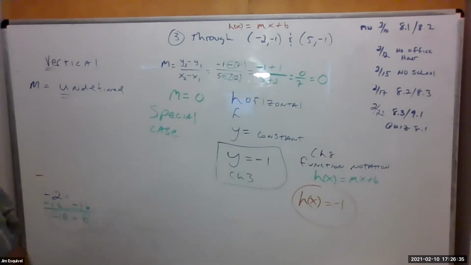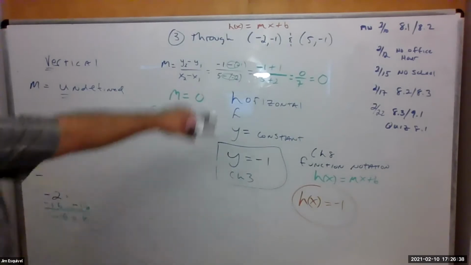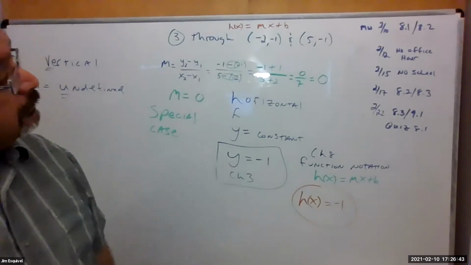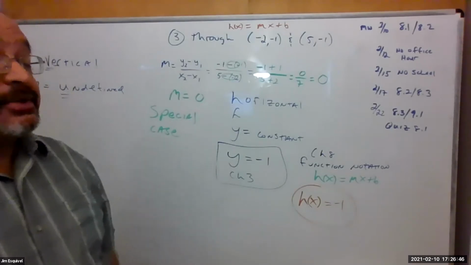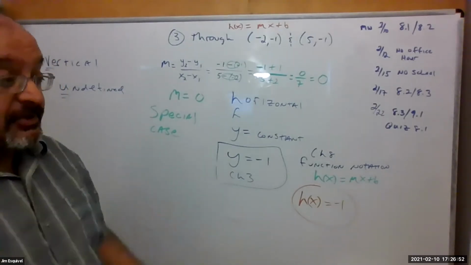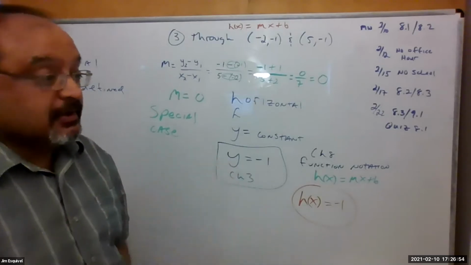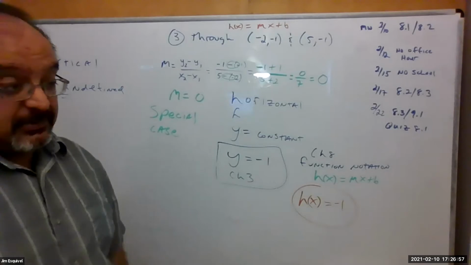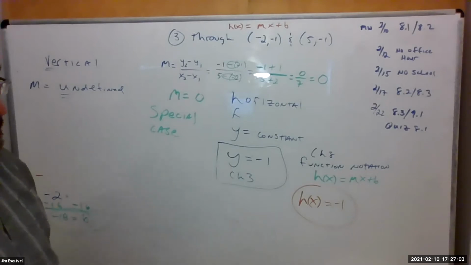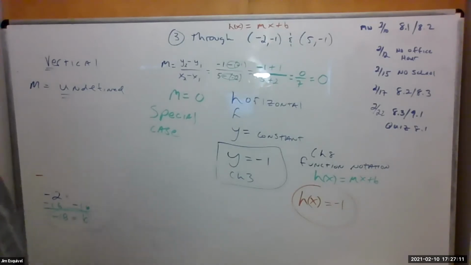Why are we using an h of x instead of like the directions I put up here? I can ask you for any function name. I can ask you for f of x, g of x, h of x, q of x, w of x. They're just the names of the functions. Because it's quite often you have more than one function in a situation.